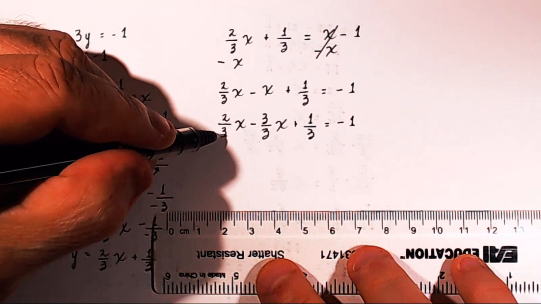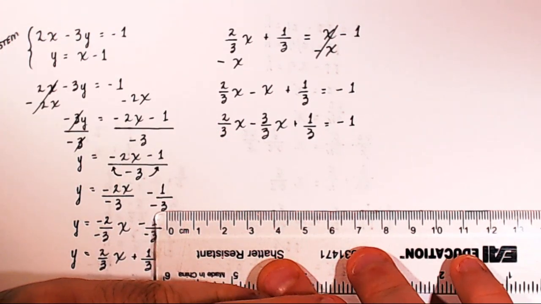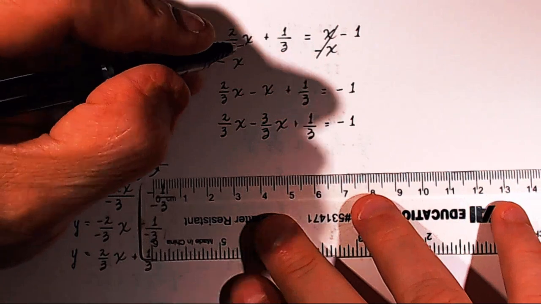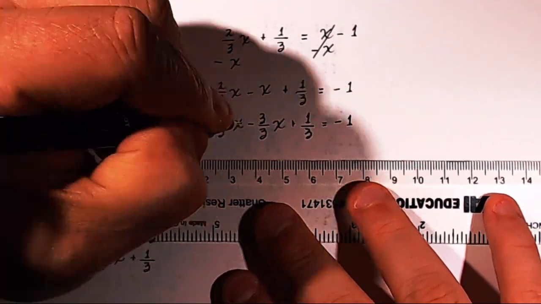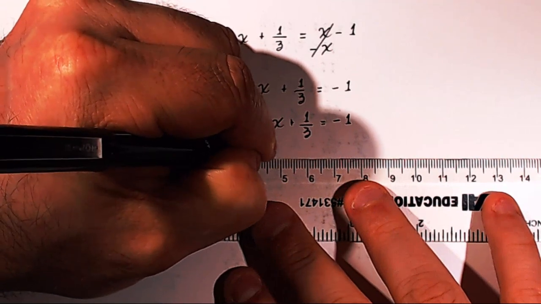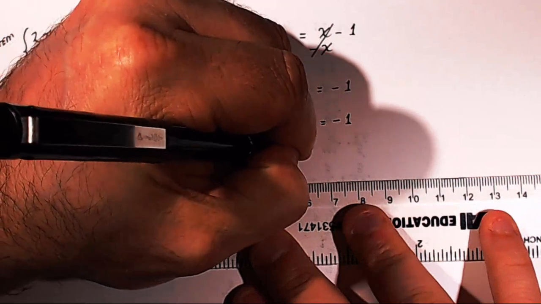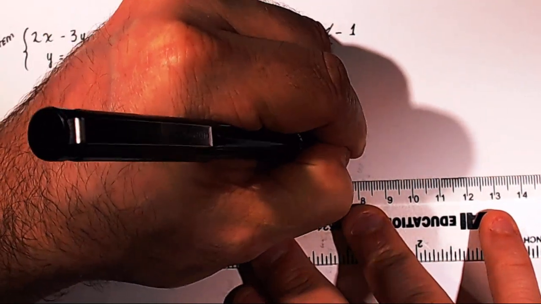What is 2/3 x minus 3/3 x? Well, it's just negative 1/3, right? Okay, so 2 minus 3 is negative 1. So I end up with negative 1/3 x plus 1/3 equals negative 1.